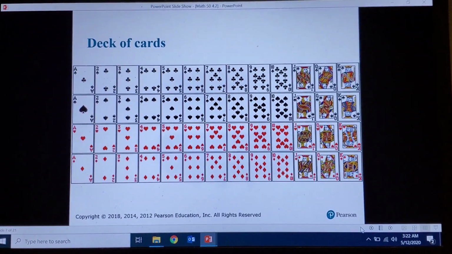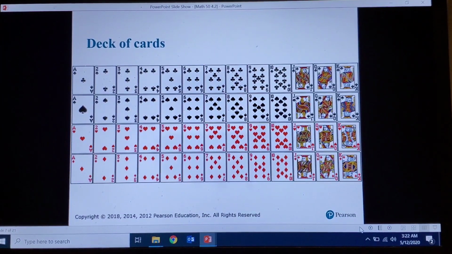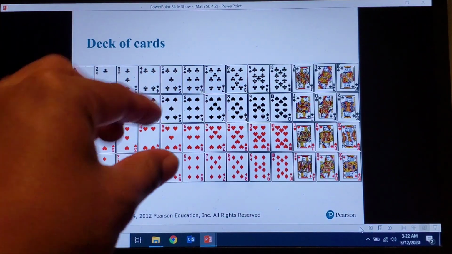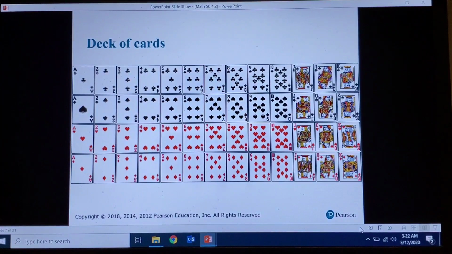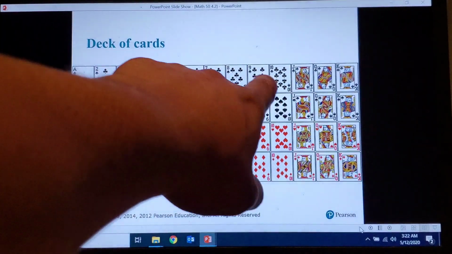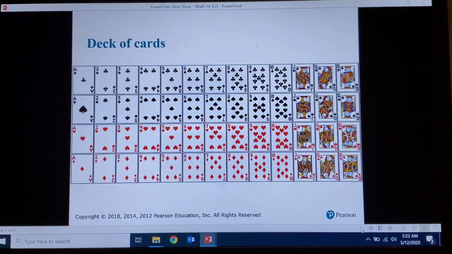And we see here that there are 1, 2, 3, 4 kings. If you're just selecting a card from the deck, you're only going to pick one of these cards. You're just trying to find the probability of getting a king.